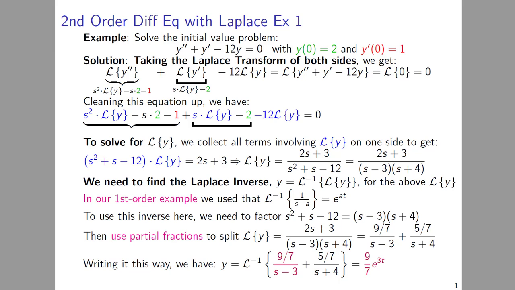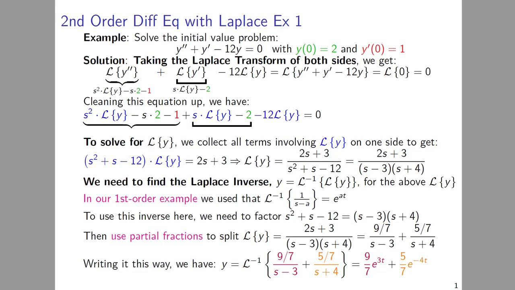The Laplace inverse of 9/7 over s minus 3 is 9/7 times e to the 3t, and the Laplace inverse of 5/7 over s plus 4 is 5/7 times e to the negative 4t. In both of these terms, we are using that the Laplace inverse of 1 over s minus a is e to the at.